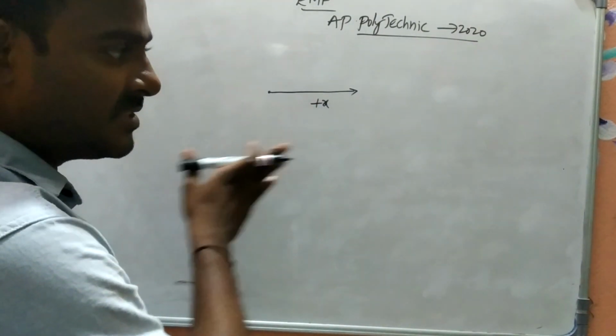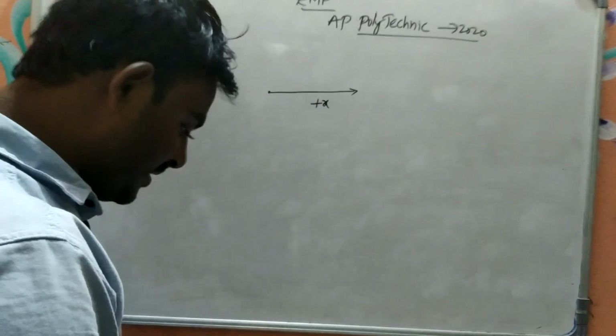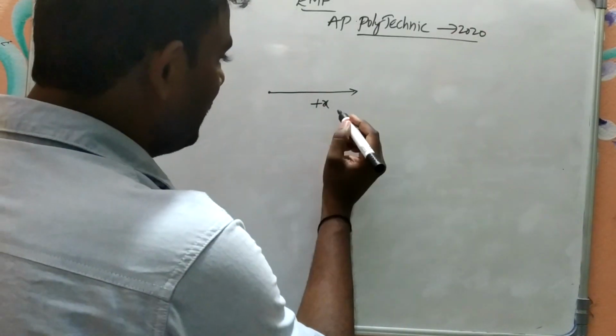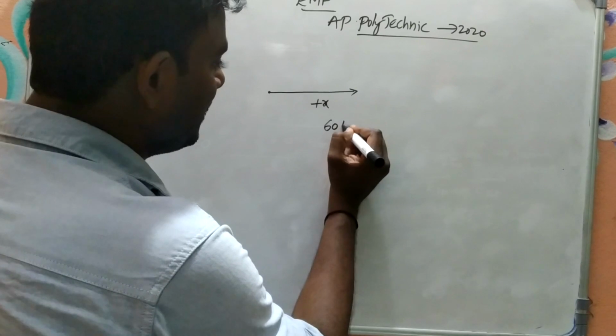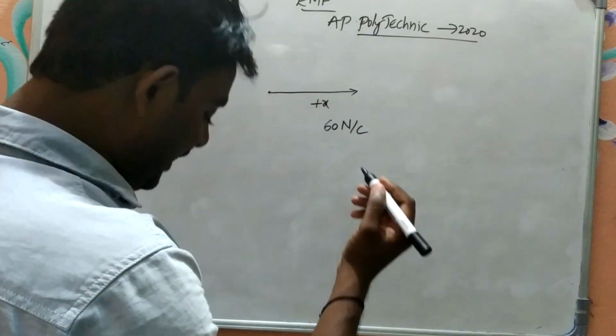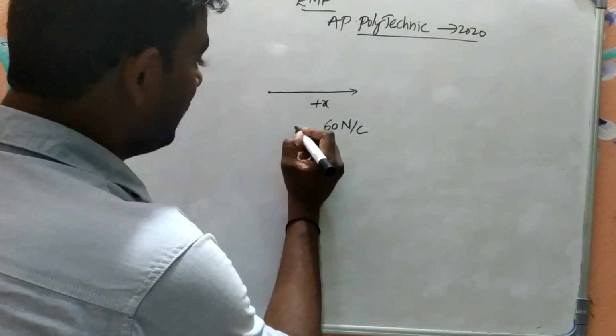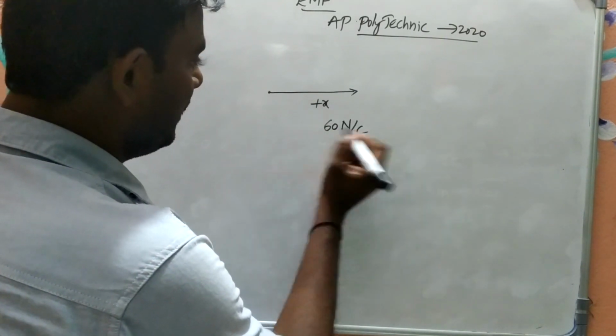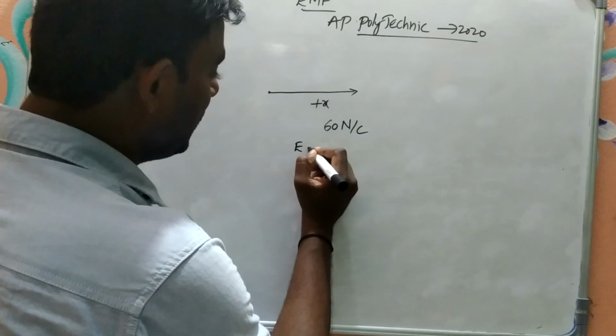I am assuming this direction as positive x for simplicity, and its magnitude is 60 Newton per Coulomb, because the electric field intensity unit is Newton per Coulomb.